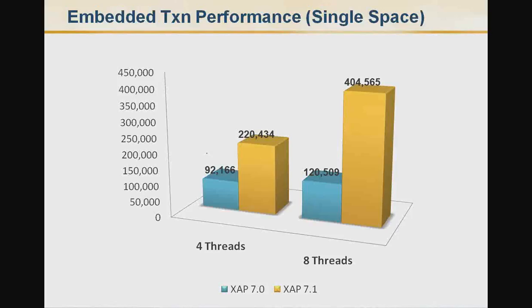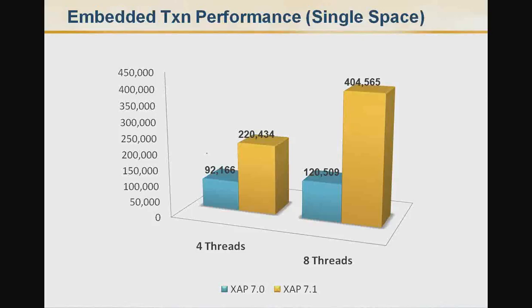We can see that the differences between 7.0 and 7.1 are pretty significant. For 4 threads, it's more than 2 times faster. We're talking about 220,000 transactions per second. Each transaction, of course, contains about 10 destructive operations like write, take, and update.